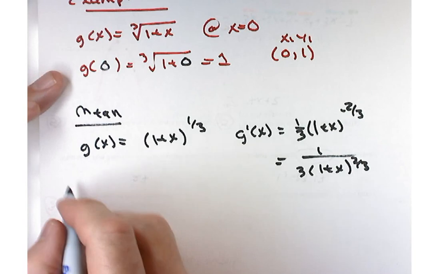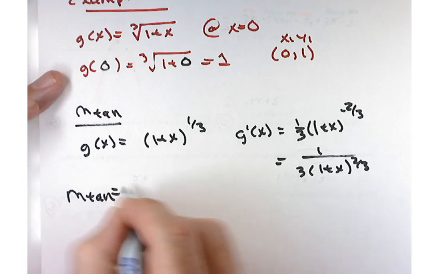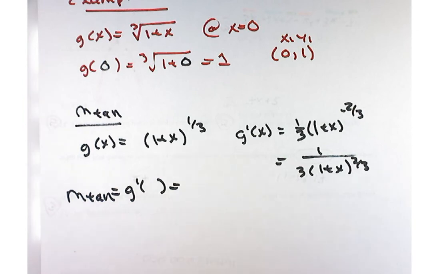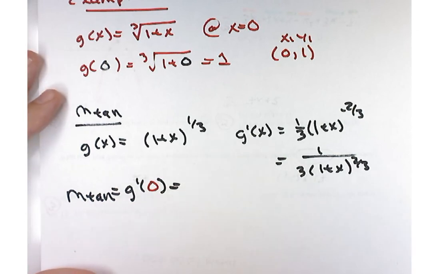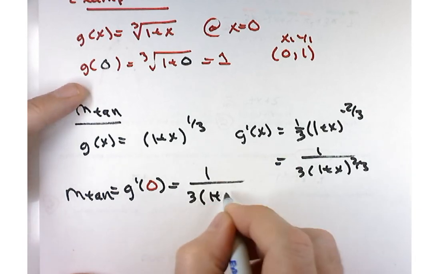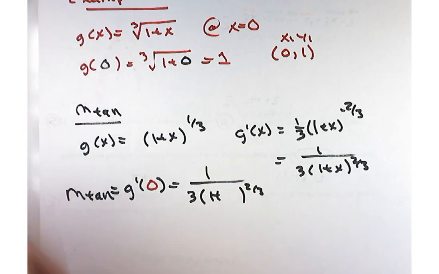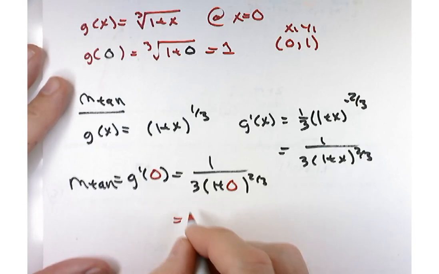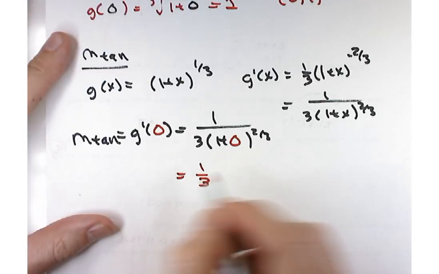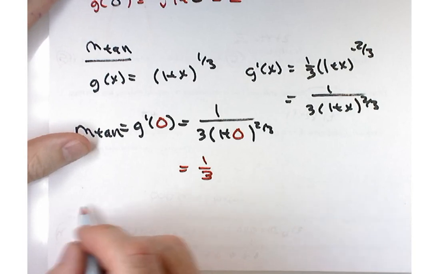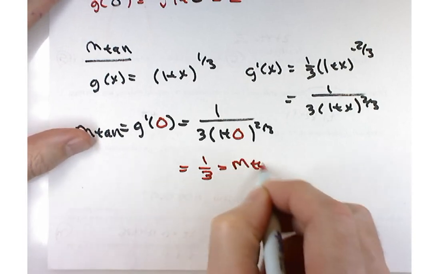Okay. M tan is going to be g prime at 0. And if I plug in a 0, the slope of the tangent line is 1/3. All right, so that's our M tan.